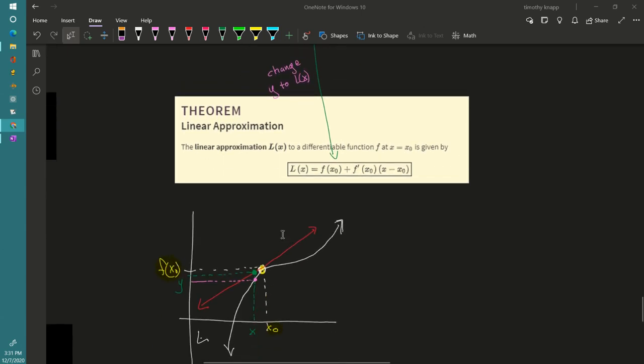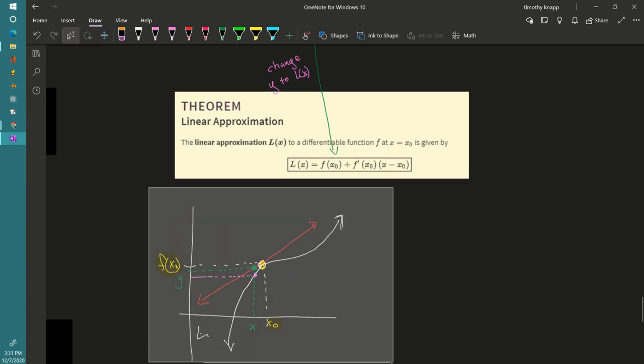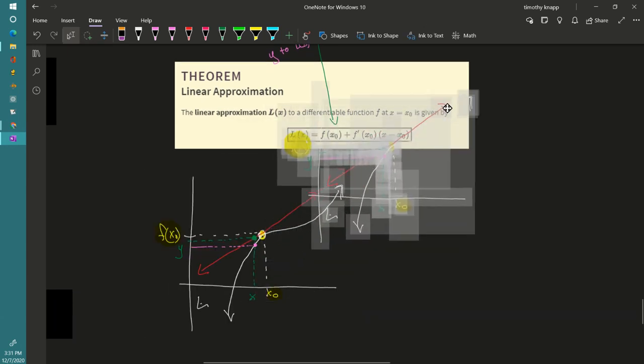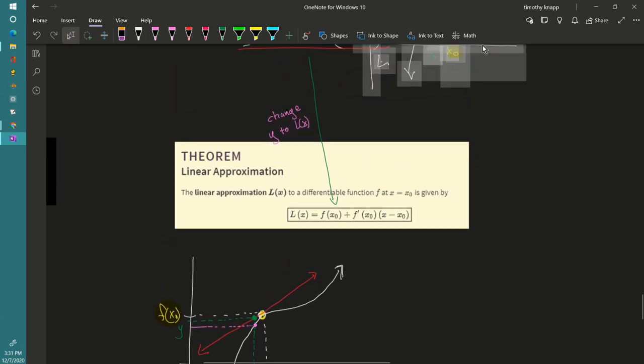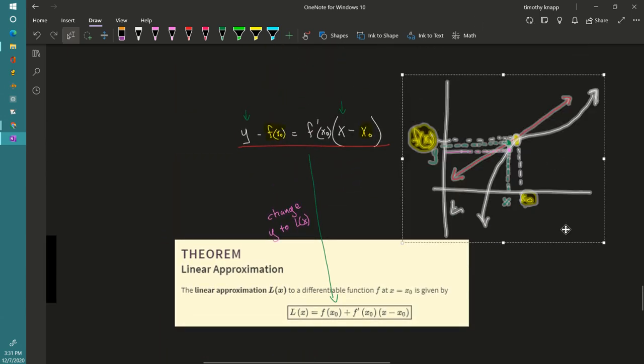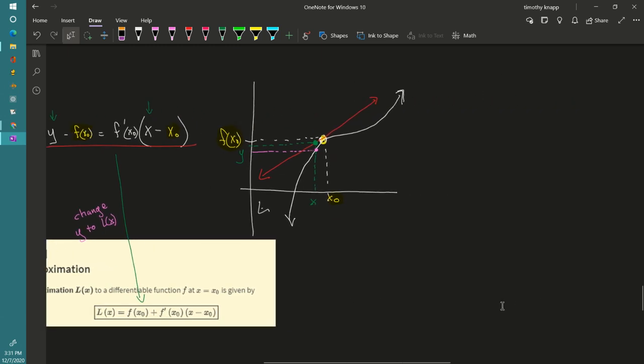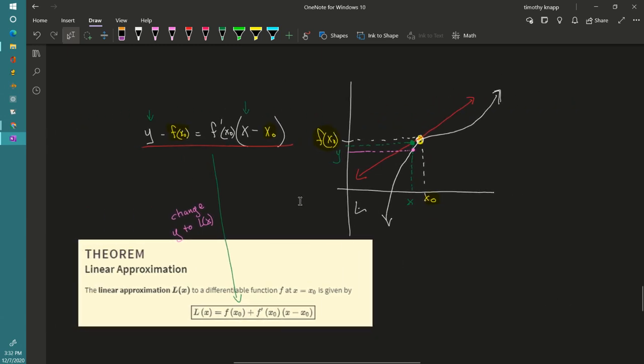I've got in this diagram here, these x0 and f of x0 are on the function, and they're on the tangent line as well, because that's the tangent point.